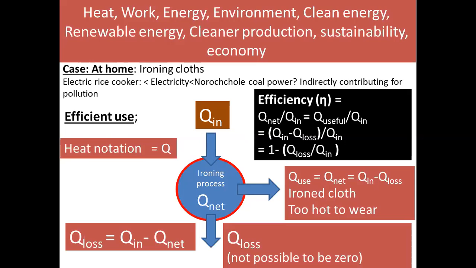Ironing process. Even when we iron, we can see that there is a usage of heat. That is, electricity converts to heat energy, but not 100% heat is fully used, but there is a little loss of heat to the environment as well. So this is the ironing process.